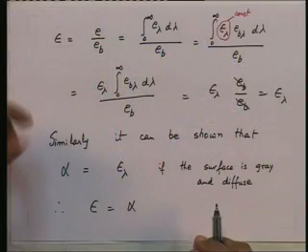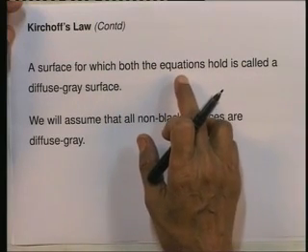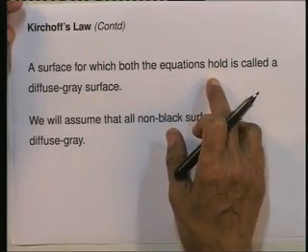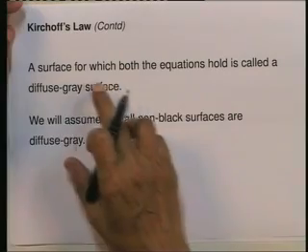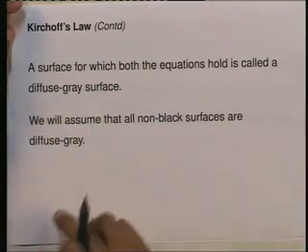We will generally make the assumption that the surface is diffuse and gray. A real surface that we are dealing with is diffuse and gray. So, a surface for which both the equations, that is epsilon lambda equal to alpha lambda and epsilon equal to alpha, hold is called a diffuse gray surface.